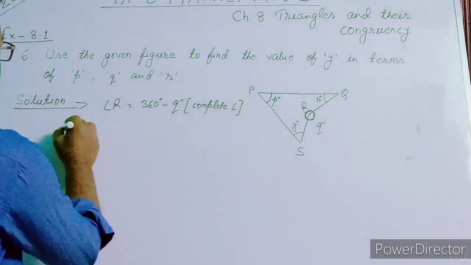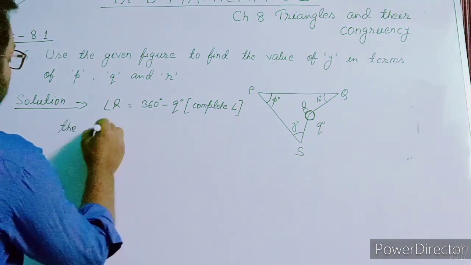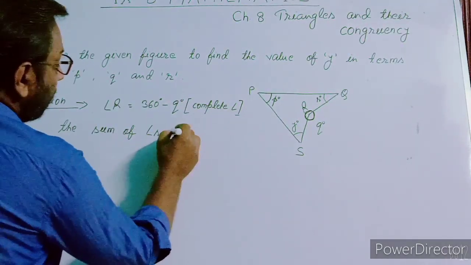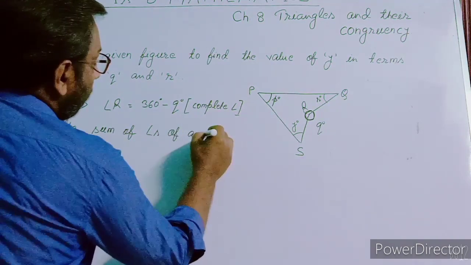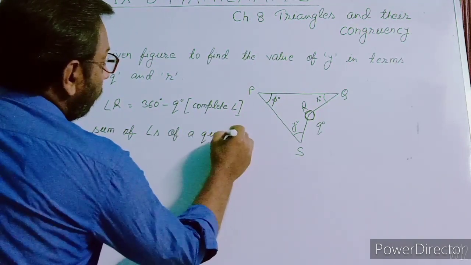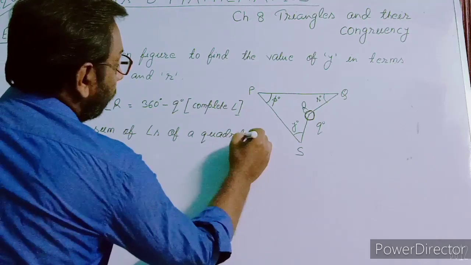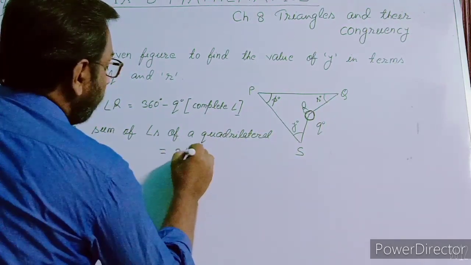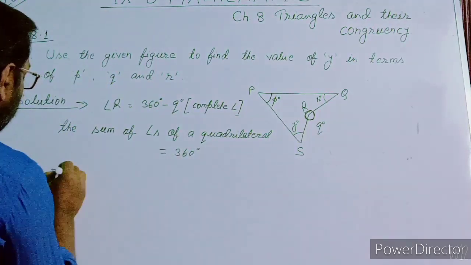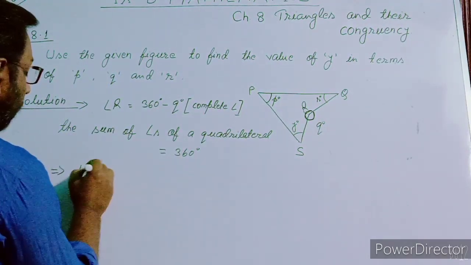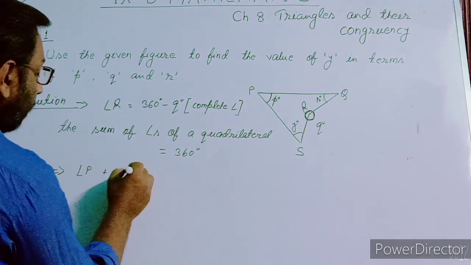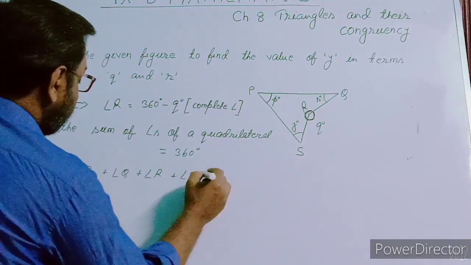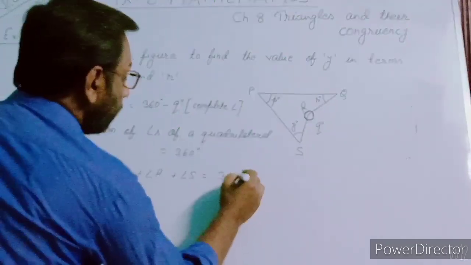And we know the sum of angles of a quadrilateral equal to 360 degree. Angle P plus angle Q plus angle R plus angle S equal to 360 degree.